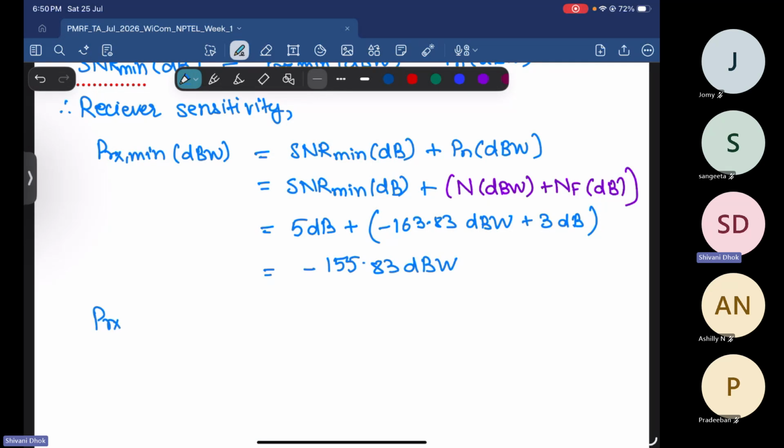Your receiver sensitivity in dBm is simply this quantity plus 30, so that comes out to be equal to minus 125.83 dBm. Is it clear? Any questions in this particular receiver sensitivity part?